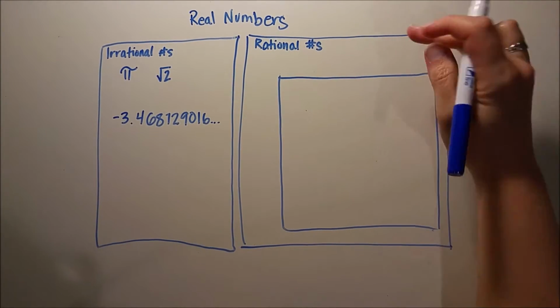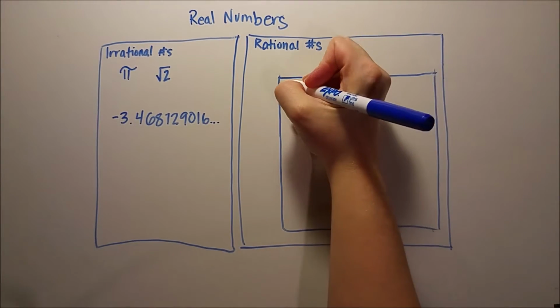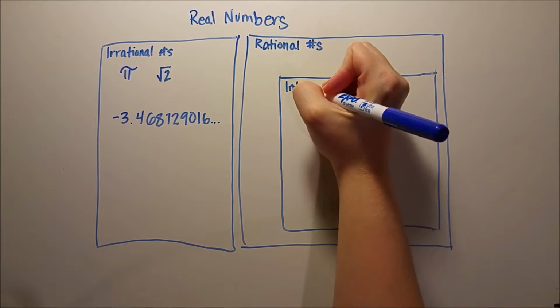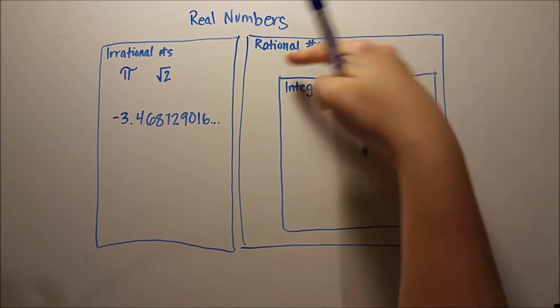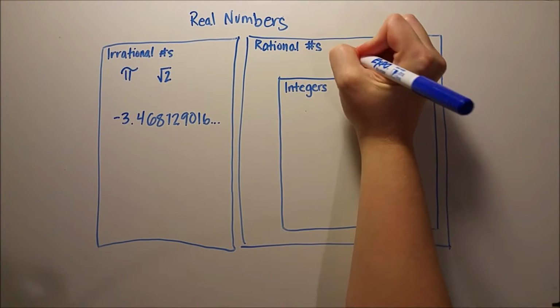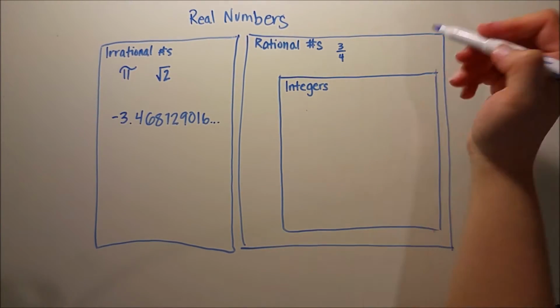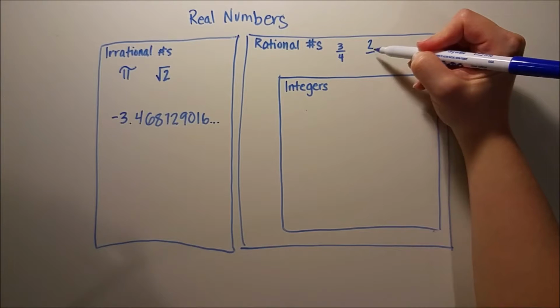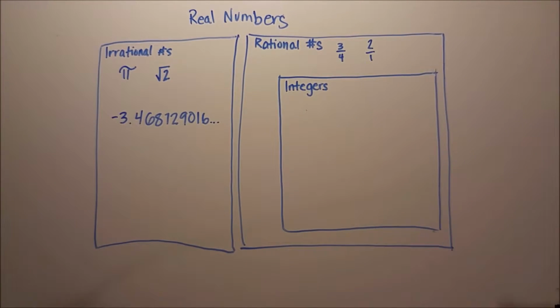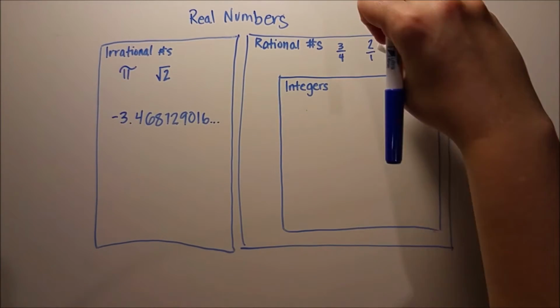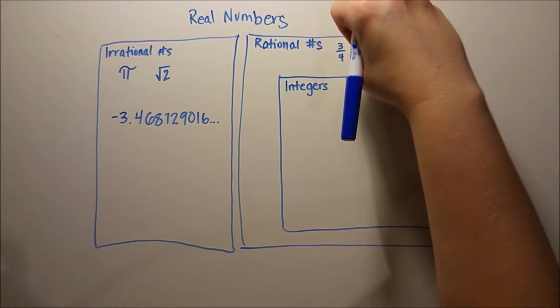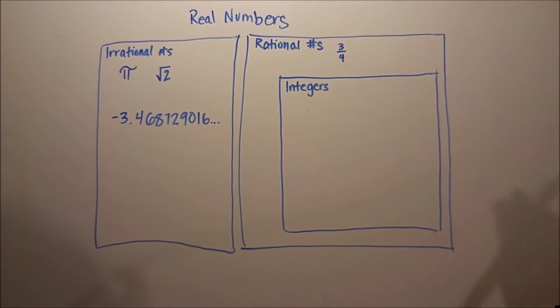There we go. So these would be your integers. And remember, this could be things like 3/4, or even 2 over 1. But I'm going to leave that out because that actually goes in a different subgroup in here.